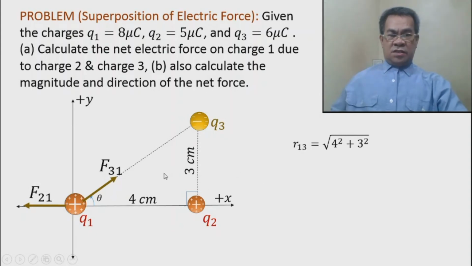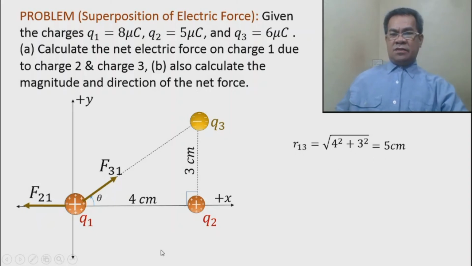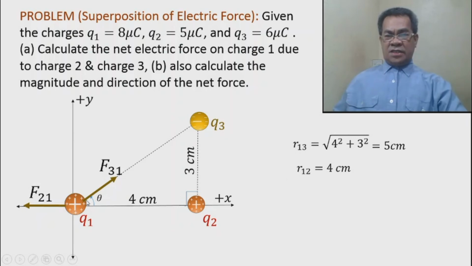This is r, the radius from center to center between charge 1 and charge 3. We take the square root because this is a right triangle. So the square root of 4 squared plus 3 squared is actually 5 centimeter. Now, the distance from charge 1 to charge 2, r12, is 4 cm.